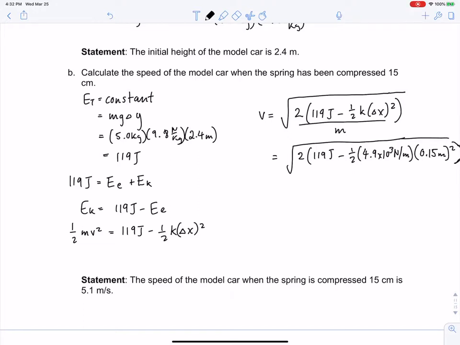Remember, we're multiplying 2 by everything that's inside all of these brackets, dividing by a mass of 5 kilograms. If you punch this into your calculator, you should get 5.1 meters per second. Therefore, the speed of the model car, when the spring is compressed 15 centimeters, is 5.1 meters per second.